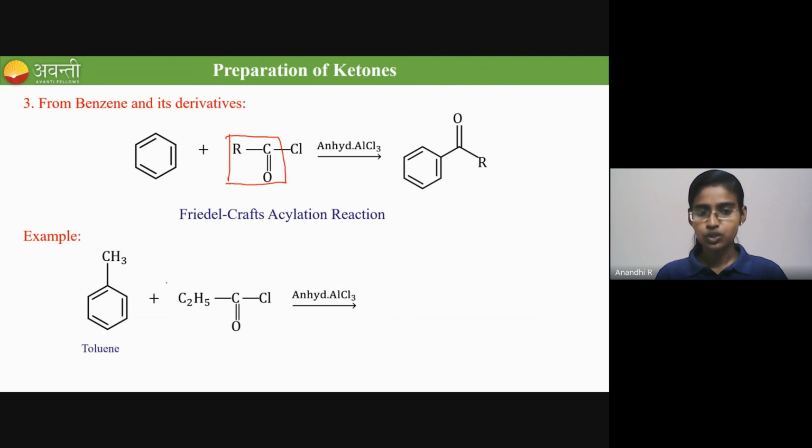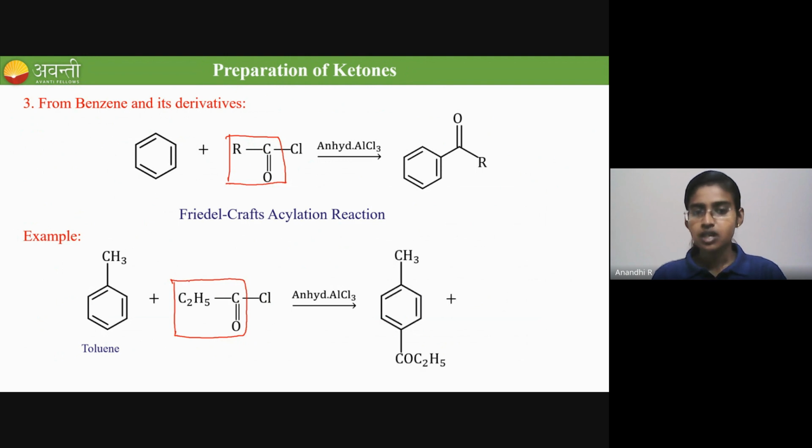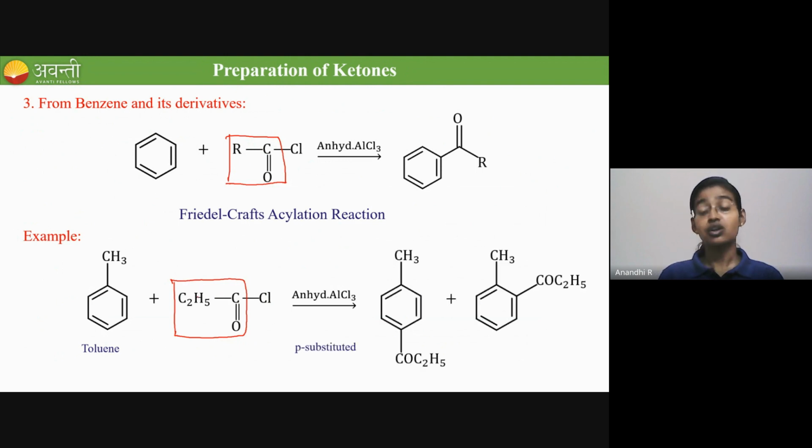So this is toluene, and to this toluene, C2H5COCl is added, and the C2H5CO is the electrophile, and that electrophile substitutes the para position and the ortho position. So why are we getting two compounds here? The CH3 is the group substituted in the benzene. The CH3 group is an electron donating group.